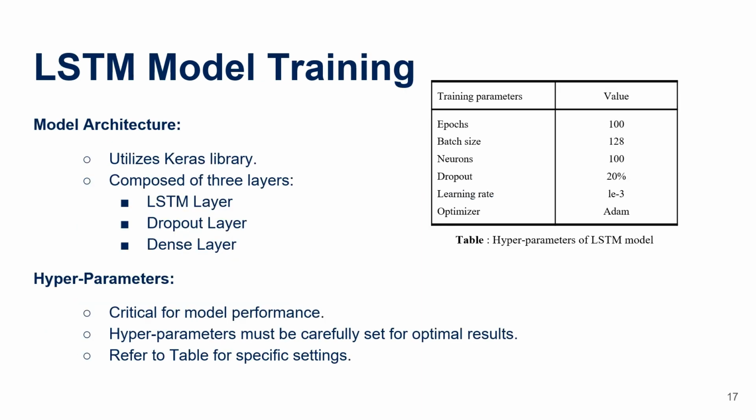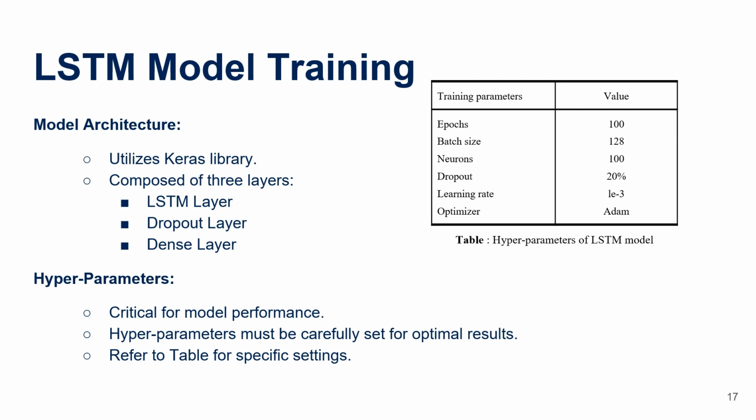After preprocessing the data, we can start training our LSTM model. To implement the LSTM model, we use the Keras library. There are three layers in the LSTM architecture: LSTM layer, dropout layer, and dense layer.